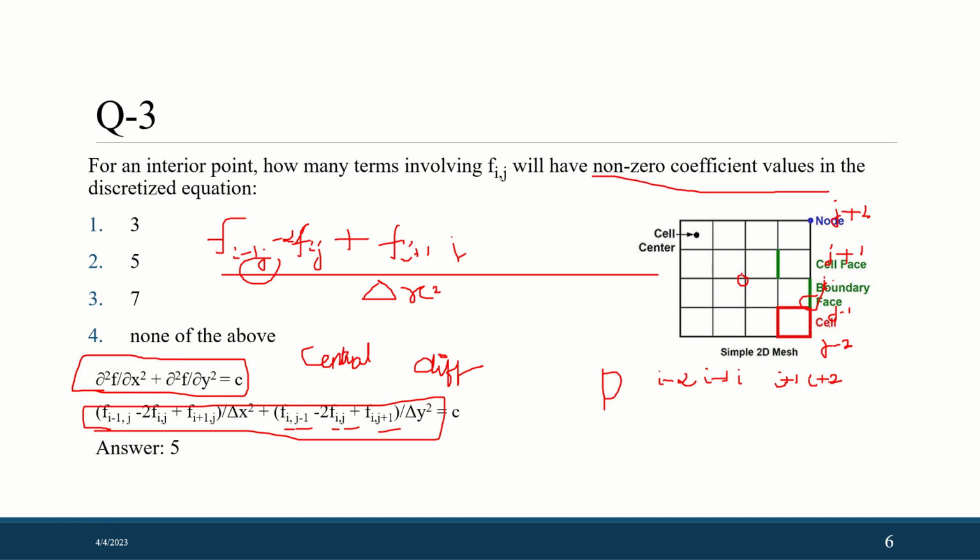This term would be there, and f(i-1,j) would be there, f(i+1,j) would again be there, and this is f(i,j-1), f(i,j) and f(i,j+1). So when we are dealing with the discretized equation, we will be dealing with 5 points in the interior points, not boundary condition. So the answer to this is 5, not 3, not 7. The answer is 5.